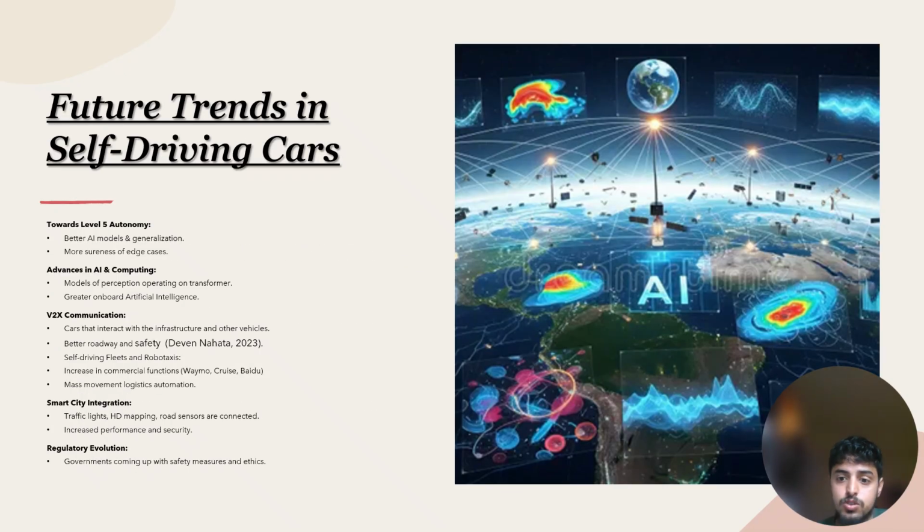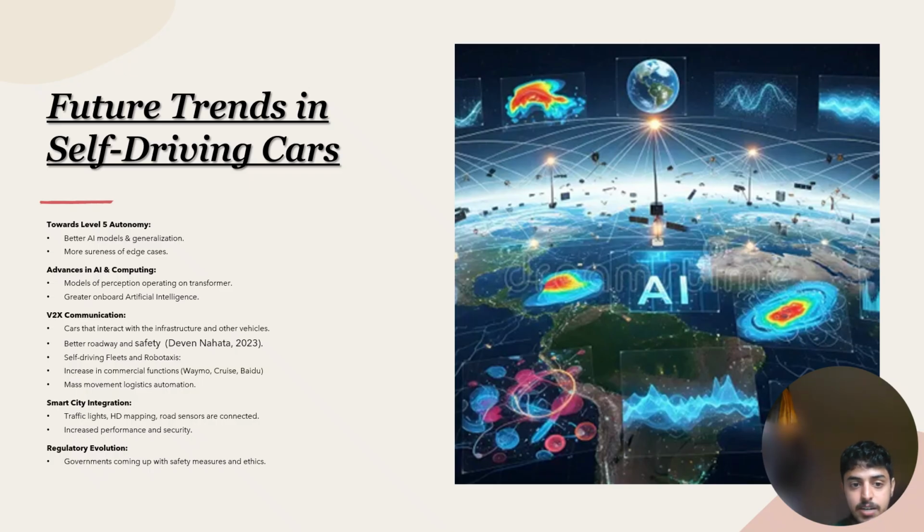And next slide is about the future trend in self-driving car, what will happen in the future. The first is towards the level 5 autonomy, where we can get better AI, better hardware and software, advance in AI and computing. V2X communication, or the car that interact with the infrastructure and other vehicle.